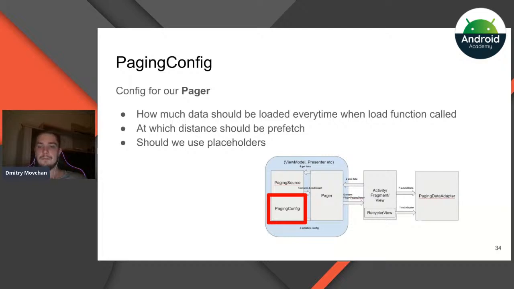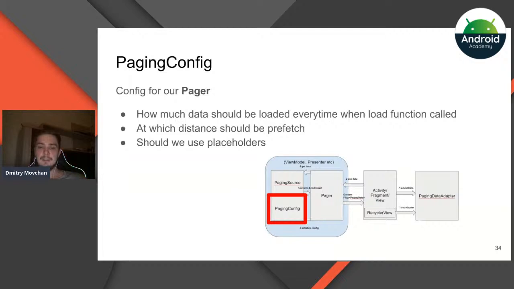Moving on, the last thing, but a really interesting one, is PagingConfig. This config describes how much data we should load each time, how the items should be shown when they're loaded, and so on. And of course, at which distance we should prefetch new data.